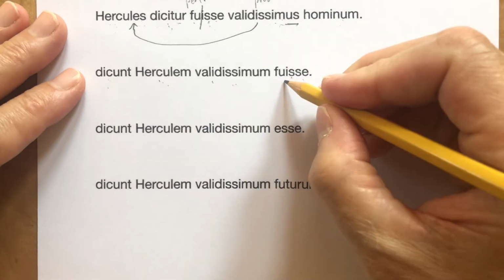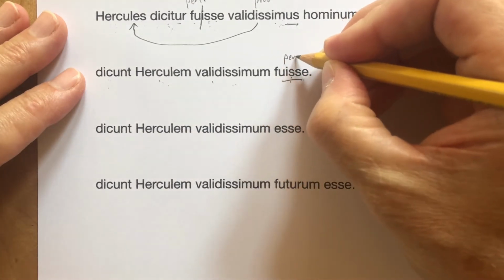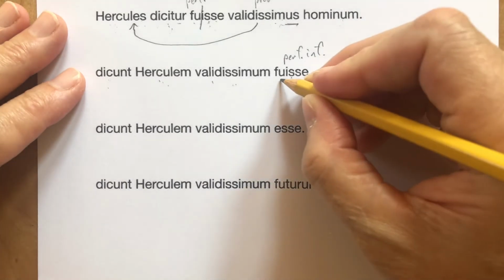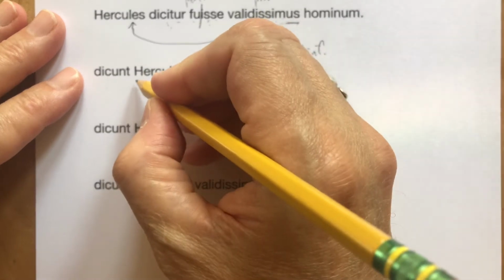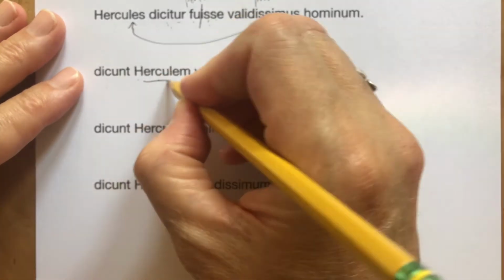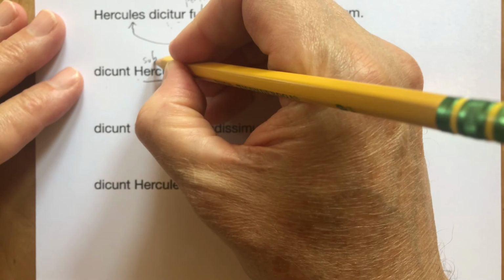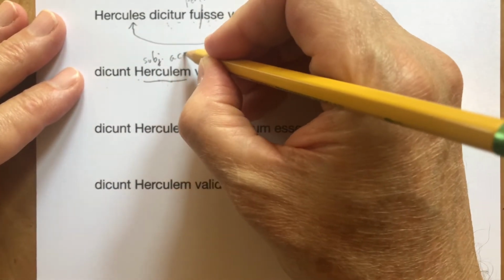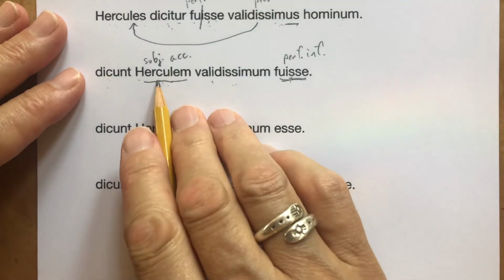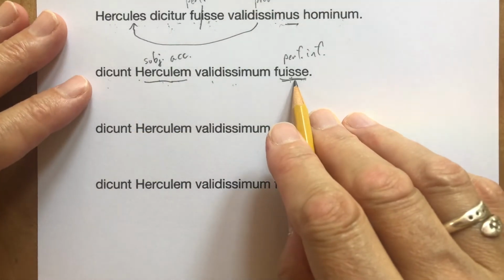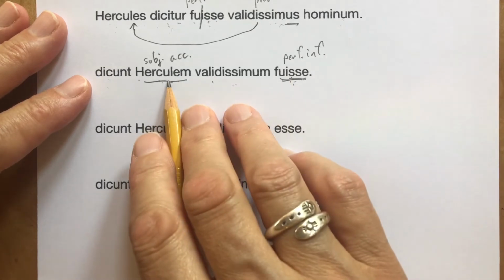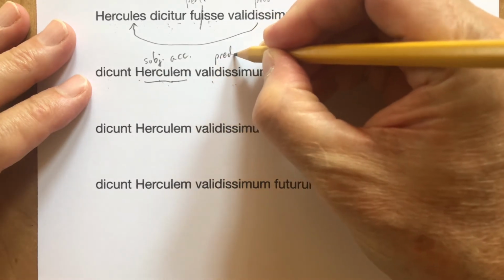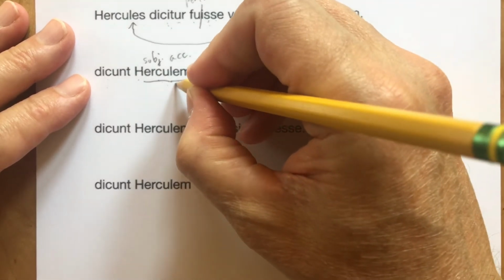So in this case, you can see fuisse, that's the perfect infinitive of the verb to be, the verb of the indirect statement, and the subject is Herculem, and you can see the em ending there, that's accusative. So subject accusative, verb infinitive. And the predicate is also accusative because the predicate is always just copying the subject.